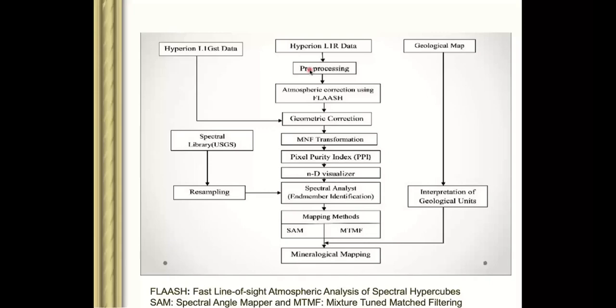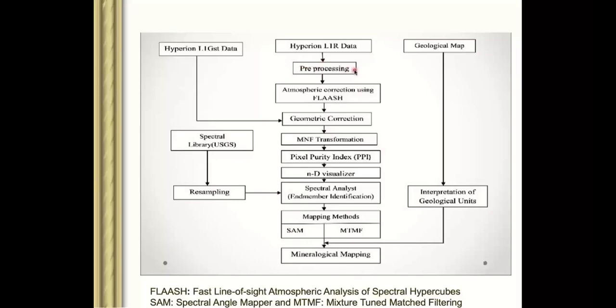Like on your TV, whenever you have low brightness, what do you do? You increase the brightness, you increase the contrast so that you can have a proper view of the TV. Similarly, in hyperspectral images also, we do all those pre-processing steps: contrast enhancement, brightness correction, and geometric correction so that the lat-long of this satellite image will be accurate.